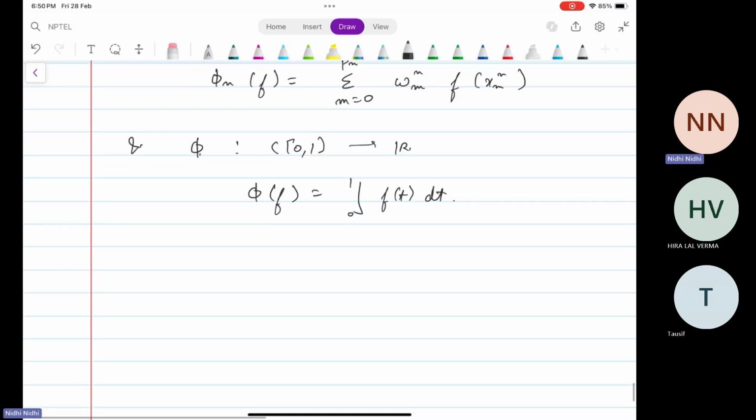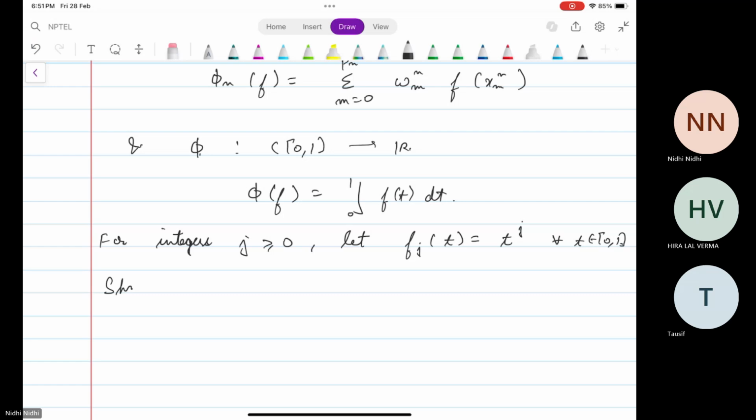Now, for integers j greater than or equal to 0, let f_j(t) be the polynomial t to the power j for every t in [0,1].